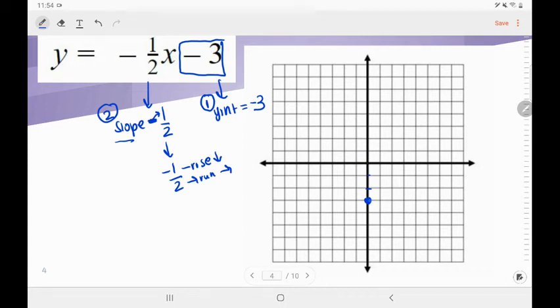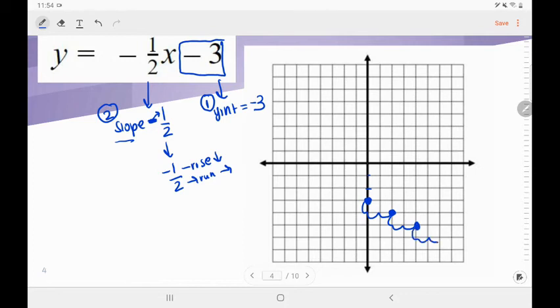Now that I have my directions clearly stated, I'm going to go back to my starting point and follow those directions. I'm going to go down 1 and run 2 and plot my next point. I can continue that pattern, down 1, run 2, plot my point.